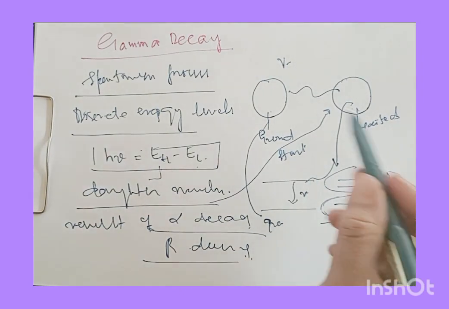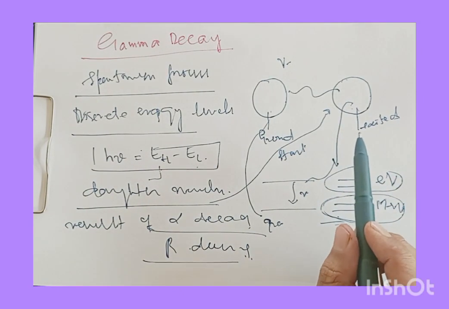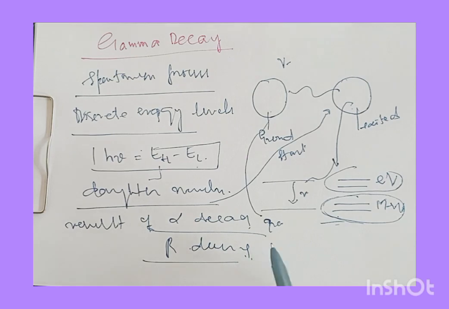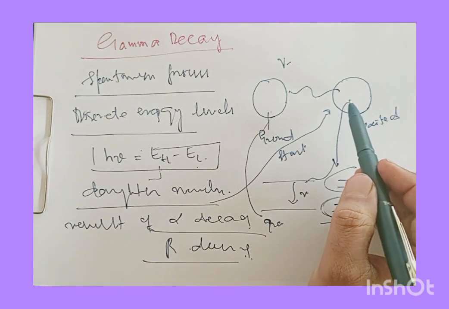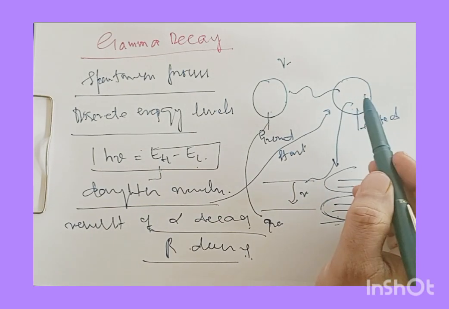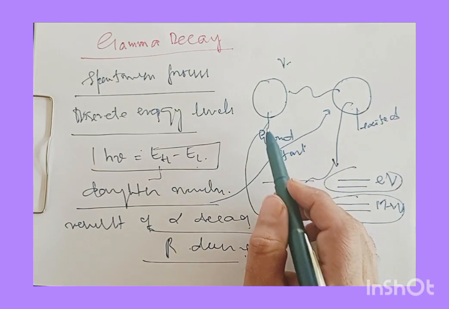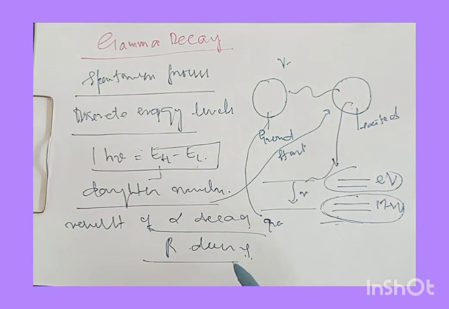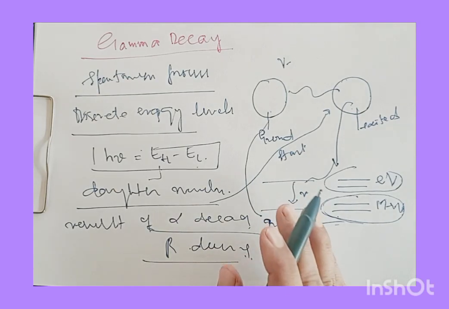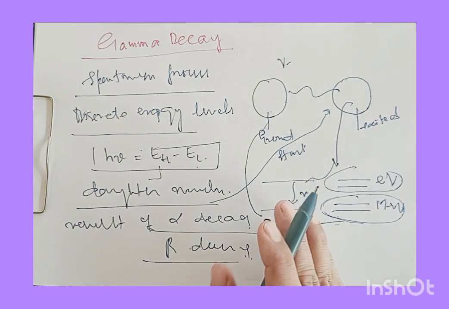So prior to gamma decay, there has to be alpha decay or beta decay. Once there is alpha decay, the nucleus may be in an excited state, and if the nucleus is in an excited state, it will try to come back to its ground state, and we will have the gamma ray photons. That's the case here.